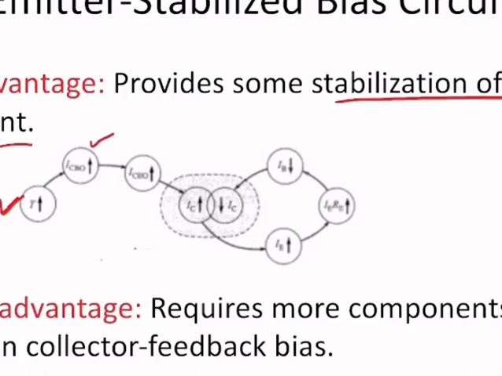Due to the increase in ICBO, ICEO, which is also a reverse saturation current in the common emitter configuration, would also rise. Due to the rise in ICEO, the collector current also rises. Due to the rise in collector current, the emitter current also increases. Due to this increase, IE RE will also increase. Due to the increase in this voltage, IB decreases. How does IB decrease with the increase in this?